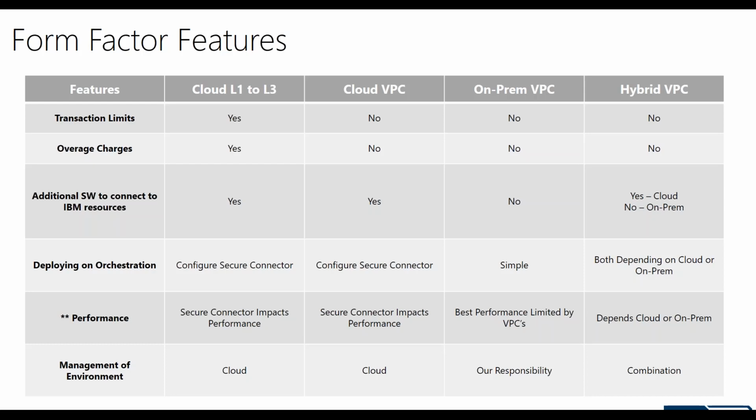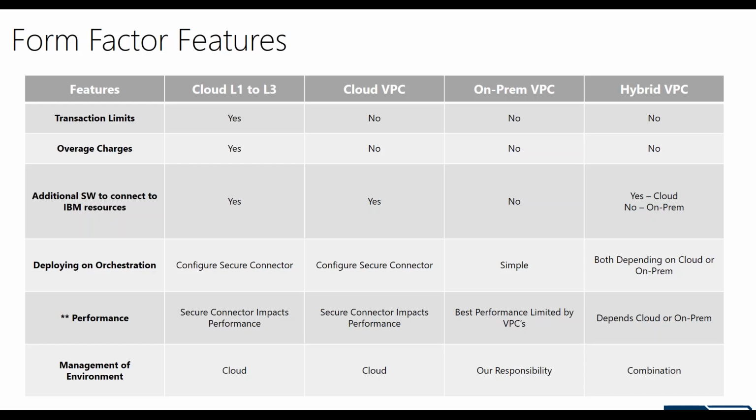So if you're going to have huge data loads of very high volume, and you're going the cloud route, the cloud virtual private cloud would be a better offering, mainly because you get your dedicated runtime, so that improves your performance quite a bit. But the cloud L1 to L2 or L3 offering wouldn't be the right approach if you have huge volume data loads.